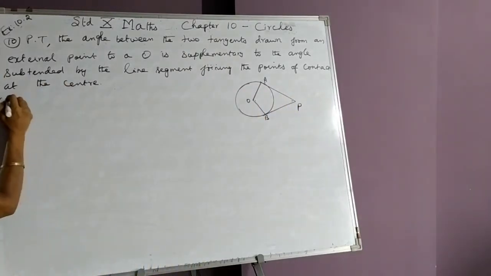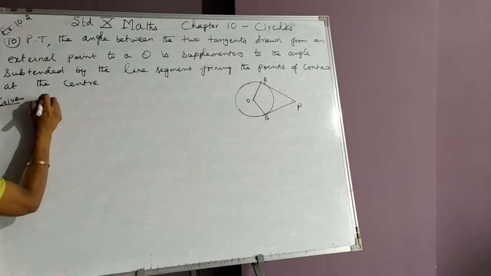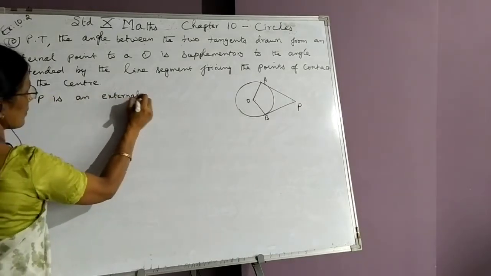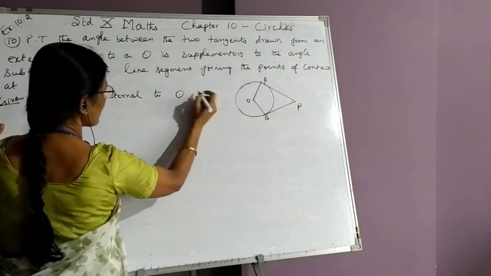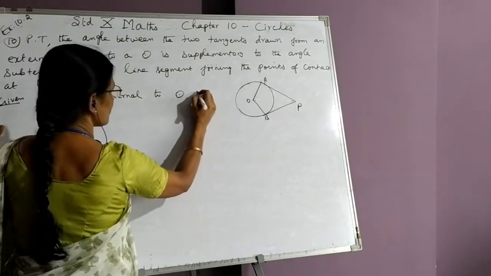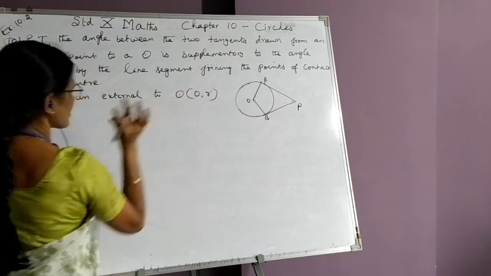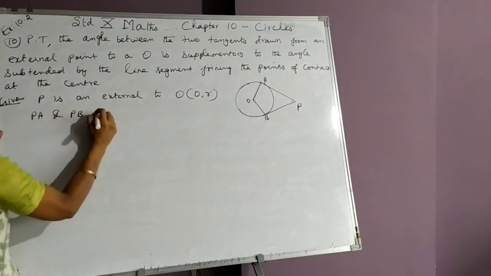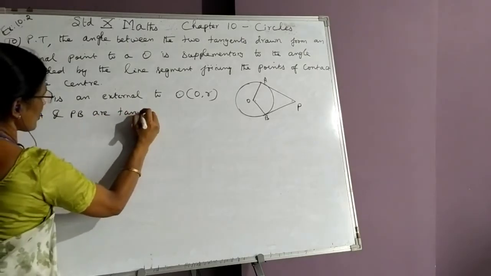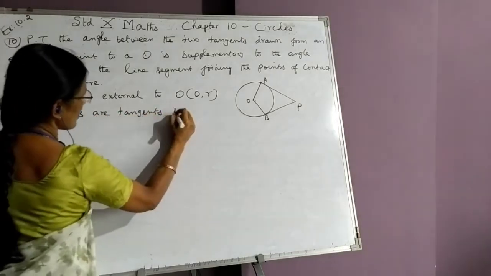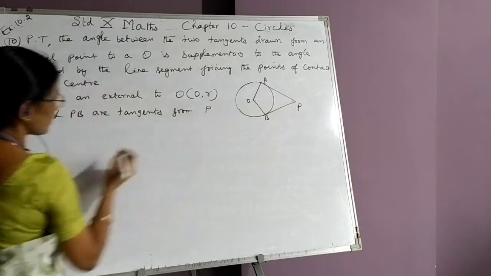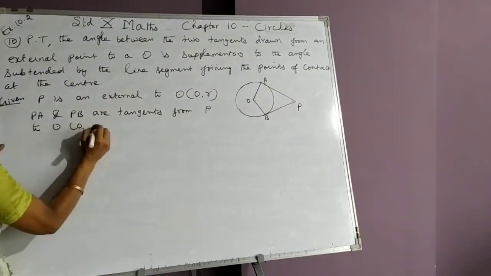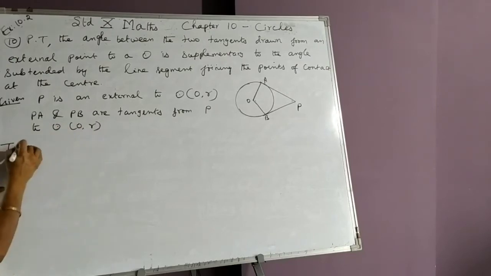So what are we given? Given P is an external point to circle, say O, R, radius is R and center is O. PA and PB are tangents from P to circle O, R. What is to be proved?